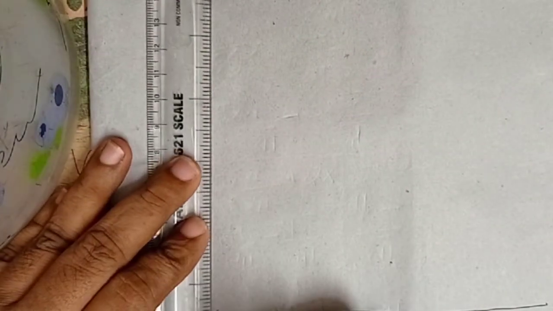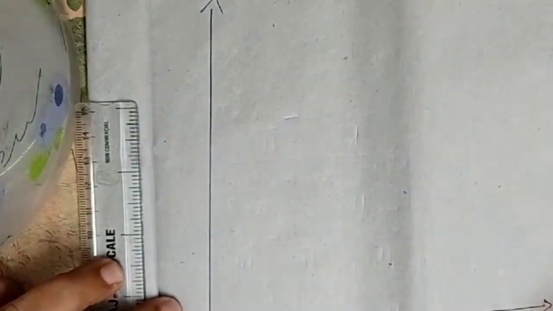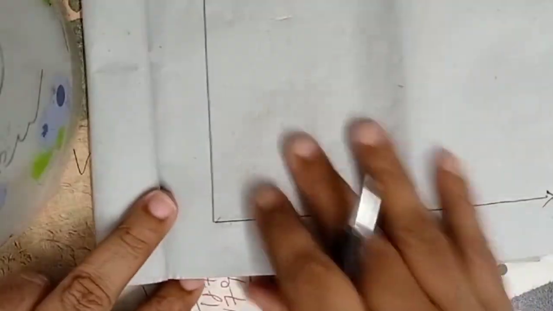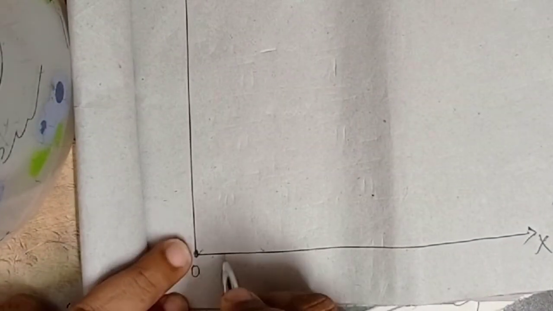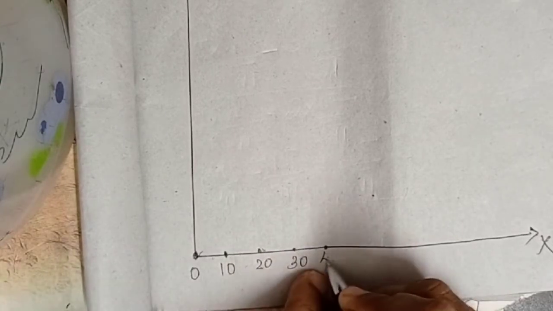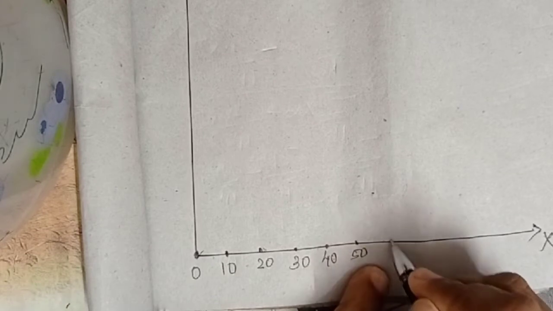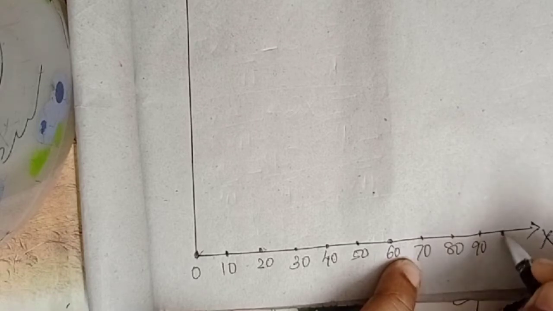Now, take your graph book. Draw the x-axis, then the y-axis. Mark x, and the next one is y. Then you can mark 0, 10, 20, 30, 40, 50, 60, 70, 80, 90, 100.